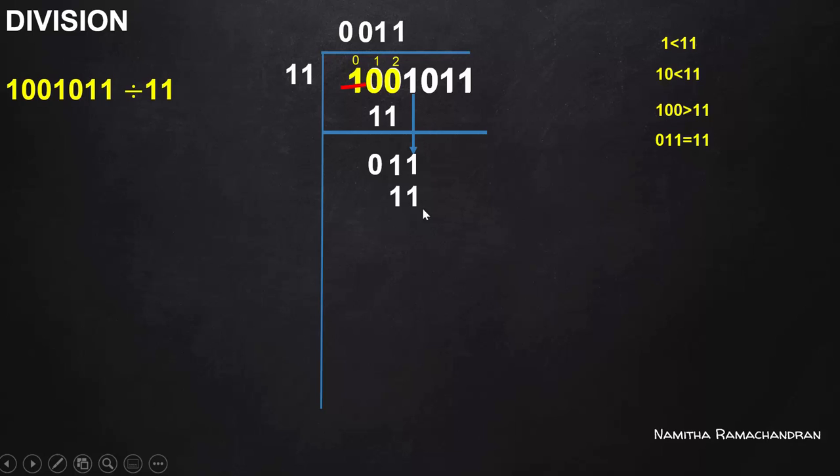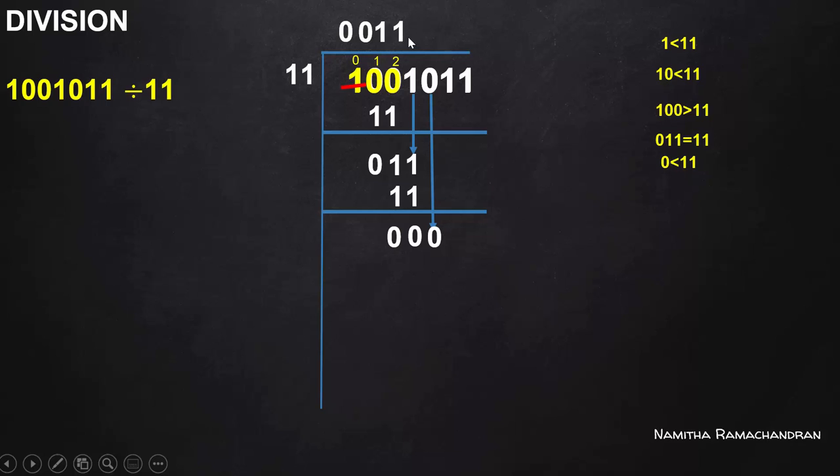Okay? And subtract. While subtracting, here it is 0, here again it is 0. Now we can put the 0 down here. This is 0. The 0 is less than our divisor, so we need to combine the next number with this value.